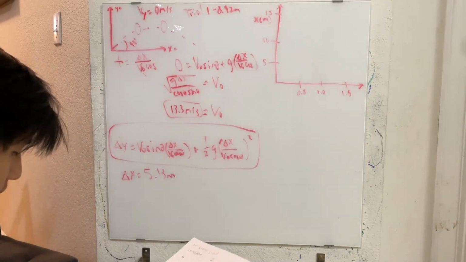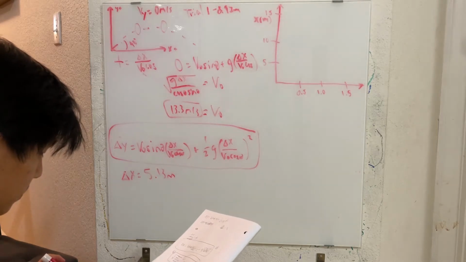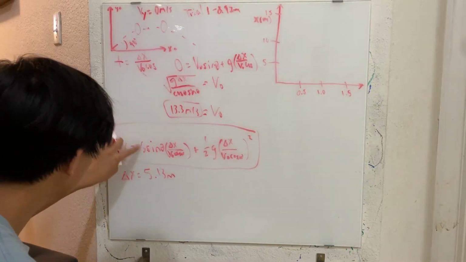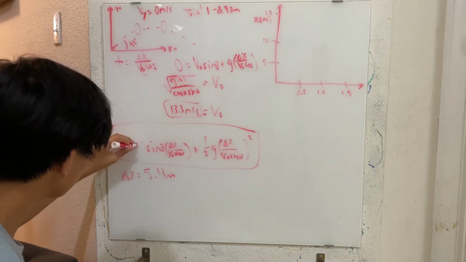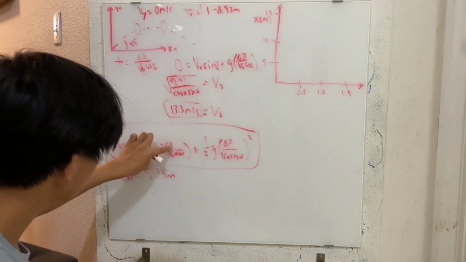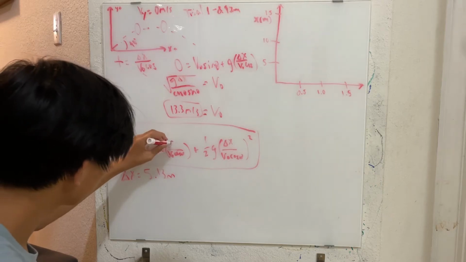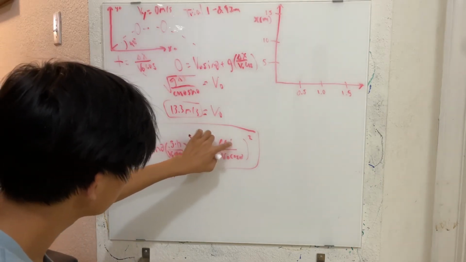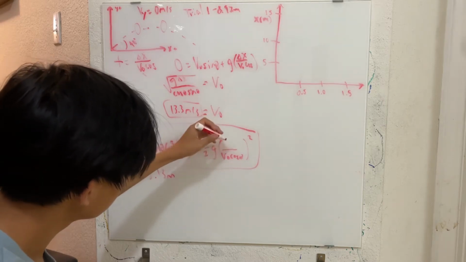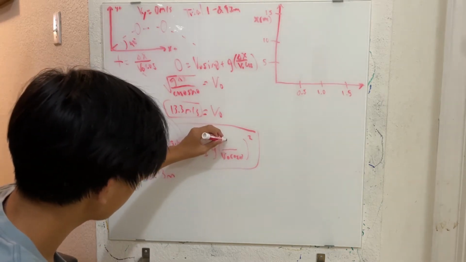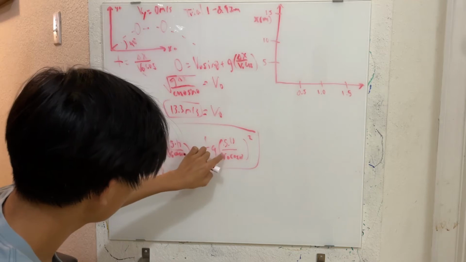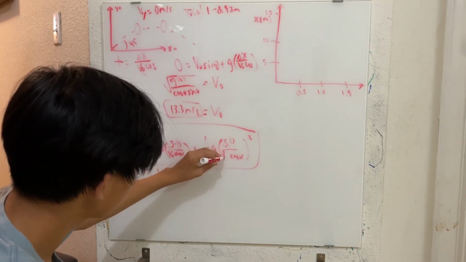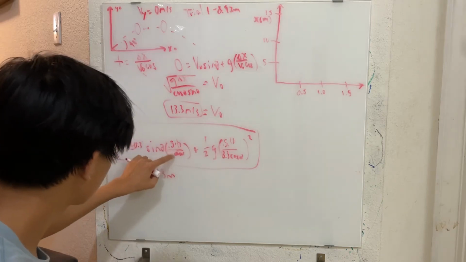So this should be 13.3. This is 5.13. This is also 5.13. And then this is 13.3 as well as this.